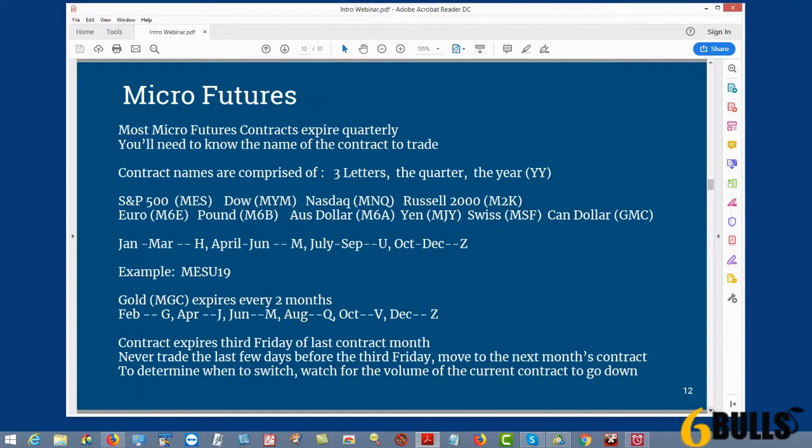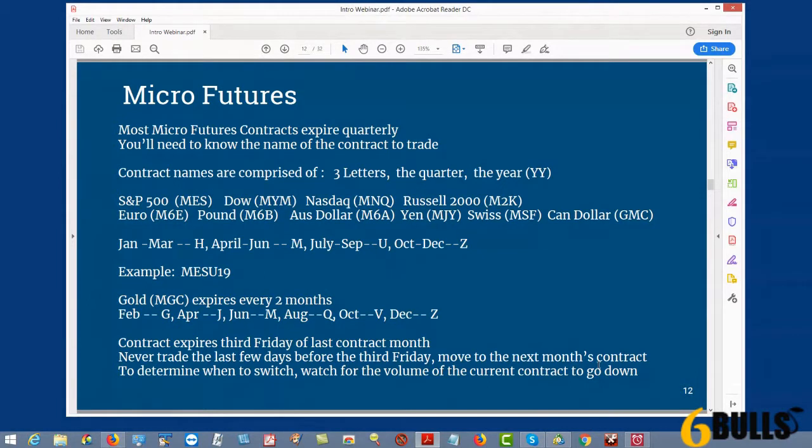So when we look at how the name is created, what it's comprised of, there's always the first three letters. And for example, the S&P 500 E-mini is MES. So there's the three letters. Then, depending on the quarter, there's another letter.